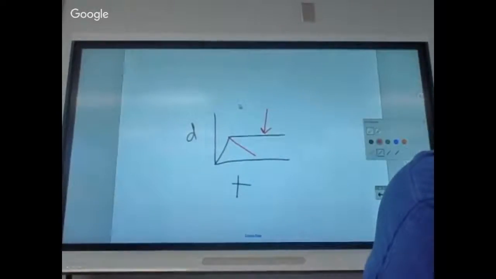Number 5 is average. Number 6 is, where's the graph? Not moving from 15 to 30. Number 7 is 1.6 meters per second. And 8 is 1.62 meters per second.